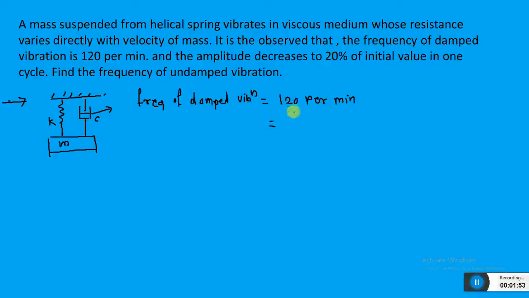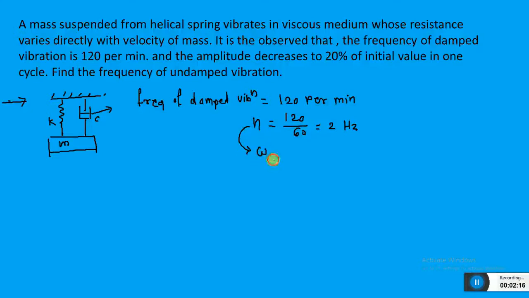So we will convert this 120 per minute into per second, that will be in hertz. So I will represent this by the small n, that is frequency in hertz. So it is 120 divided by 60 and that is equal to 2 hertz. Now we will convert this frequency in hertz in terms of rad per second.